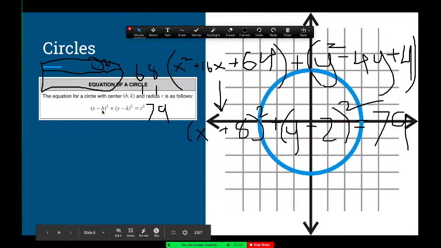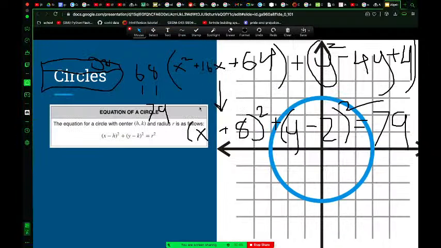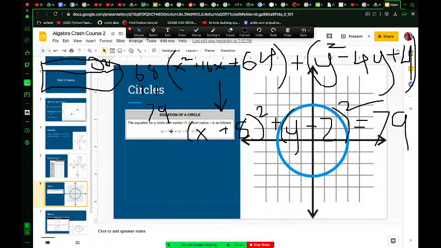So the center is h comma k. The equation of the circle with center h comma k says that the center is h comma k. As you can see from this equation, the h is -8 and the k is +2. That is because over here in this equation there's a minus, and over here it's a plus.